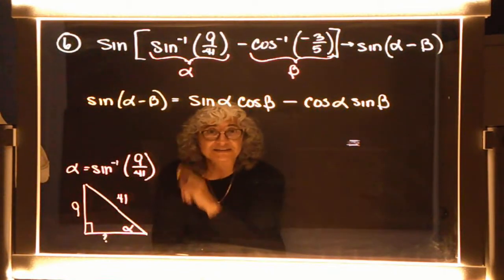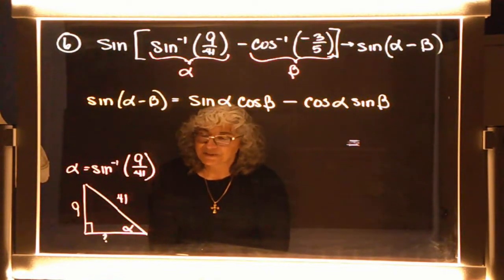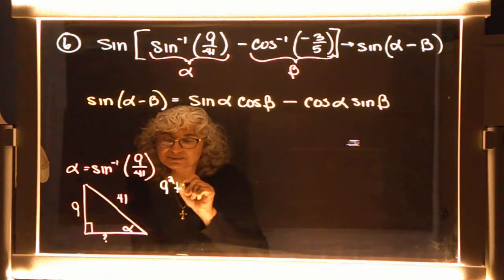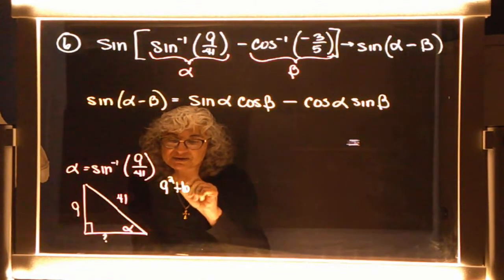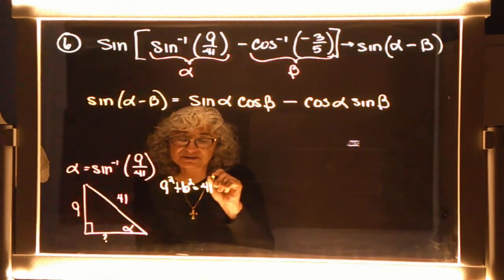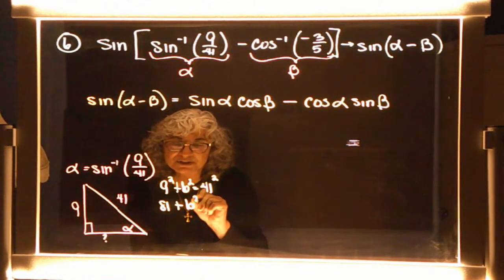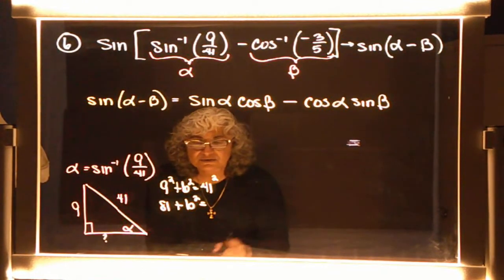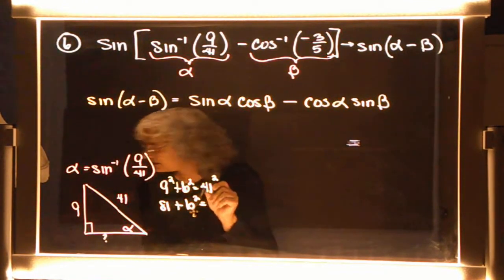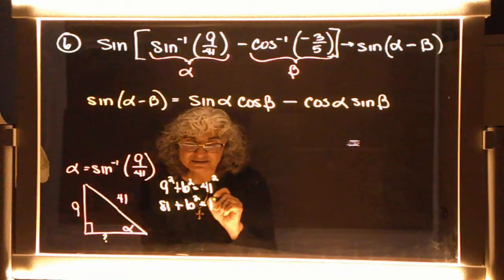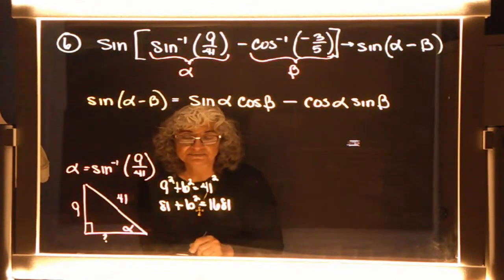So how are you going to find it? That's right, Pythagorean Theorem. So you're going to have 9 squared plus b squared equals 41 squared, right? 81 plus b squared equals 1681.